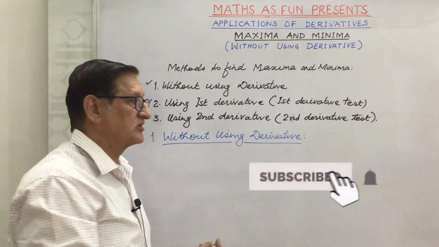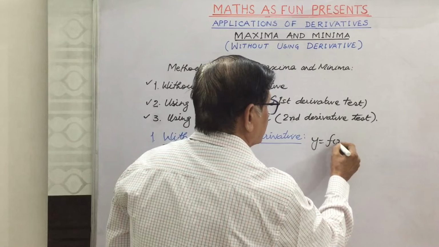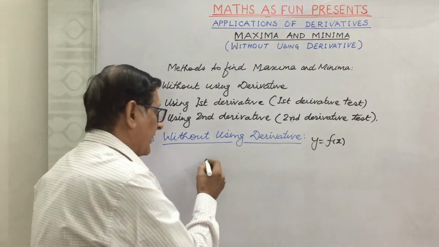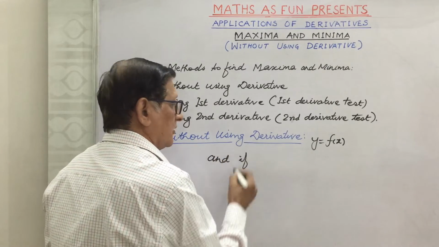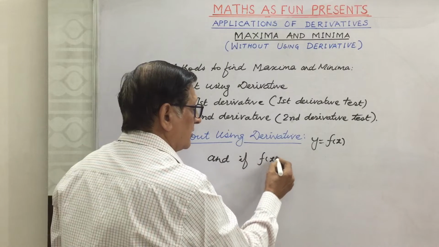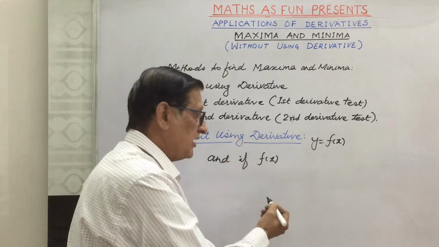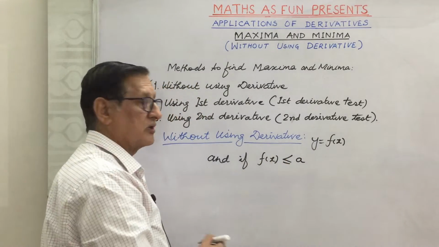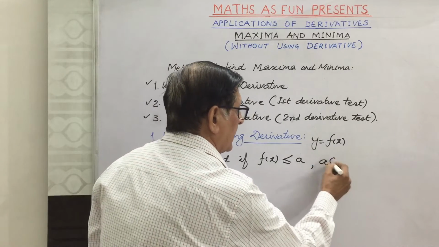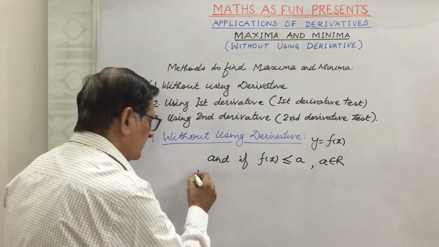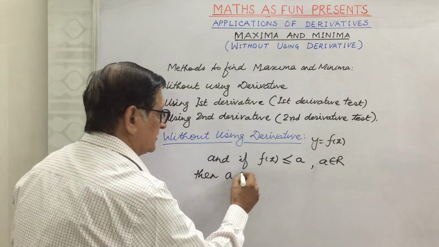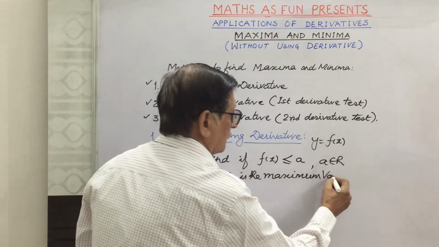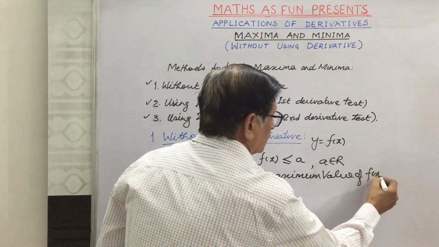We already know the concept that if y equal to f(x) is a real valued function, and we find a particular real number a such that f(x) is always less than or equal to a, where a is a real number, then a is the maximum value of f(x).